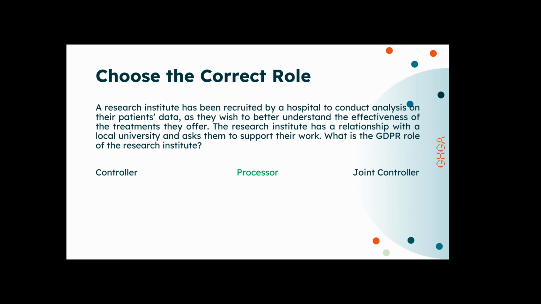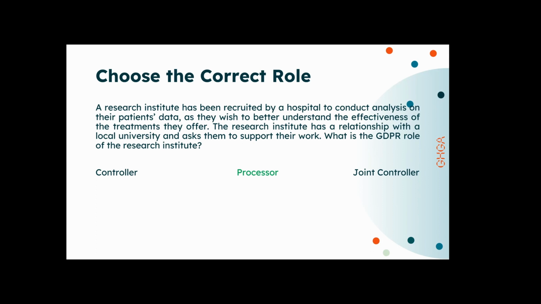And as Philip mentioned, the key thing to think about when deciding between who's a controller and who's a processor or joint controllers is who's defining the data collection and the data processing. So in this case, the hospital are saying, we want you to perform this analysis that we've designed from these patients, so therefore they're most likely to be a processor.